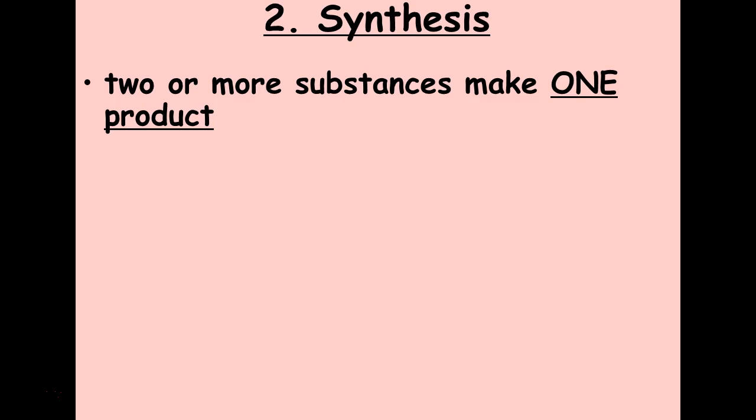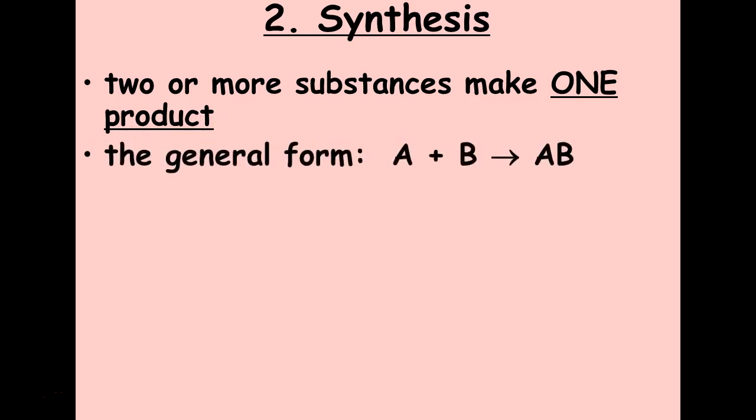So in your kitchen, you would be taking the flour and the sugar and the eggs and the milk, and you stir them together and you bake them, which is a chemical reaction, and what comes out is one single thing of a cookie. The general form for writing this is A plus B yields AB. So A plus B yields AB.